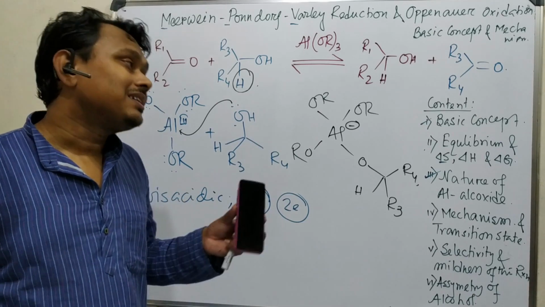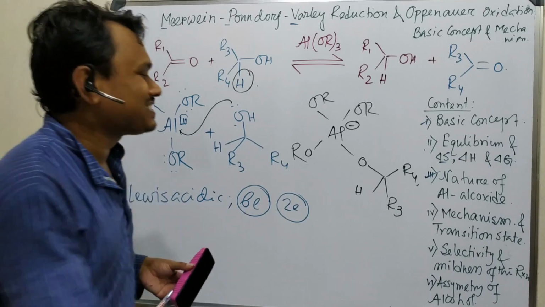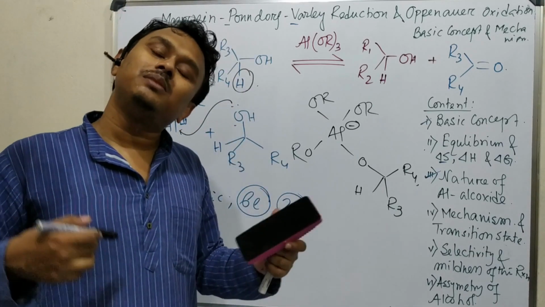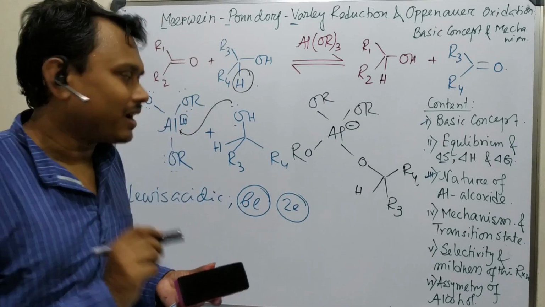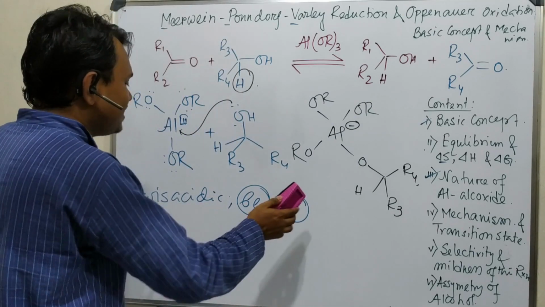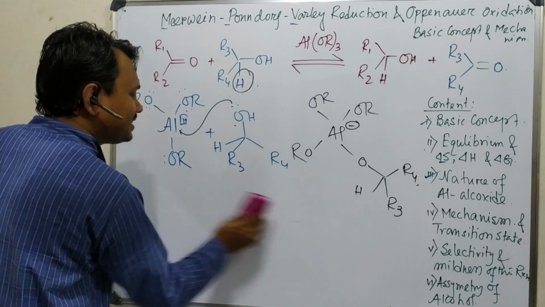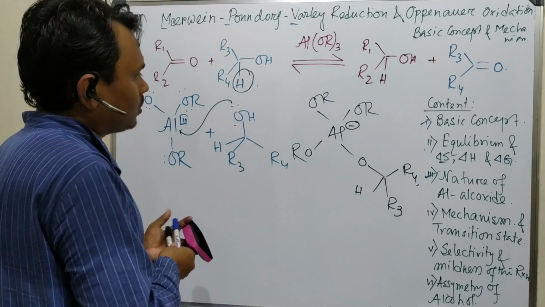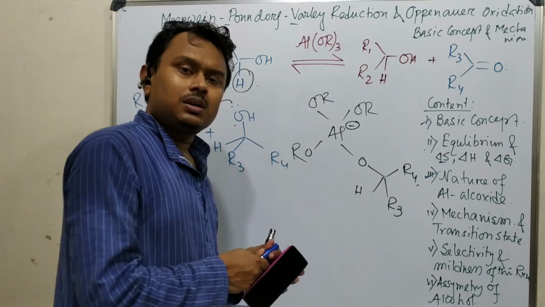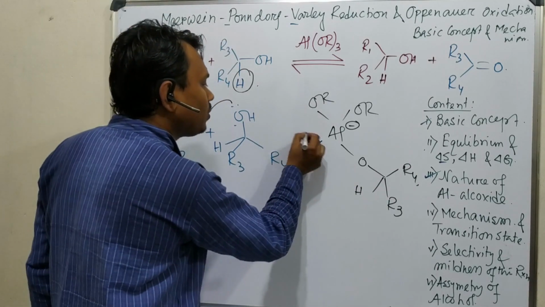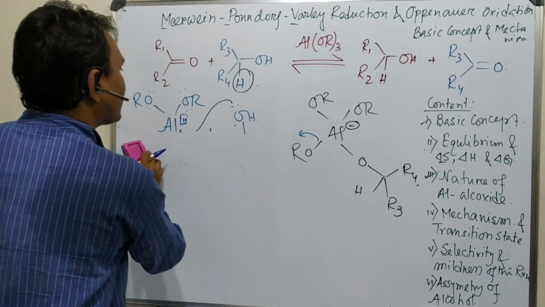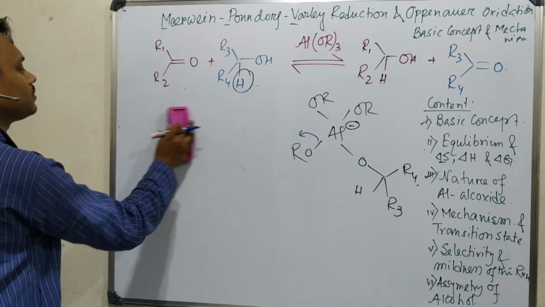But that's not possible in the case of electrons. So that's why this giving and taking will continue. Fine, keep it in mind. I believe this is a strategy to remember the factor. So this is OR. Right now what will happen? One OR will leave. If one OR leaves, then what is the consequence?